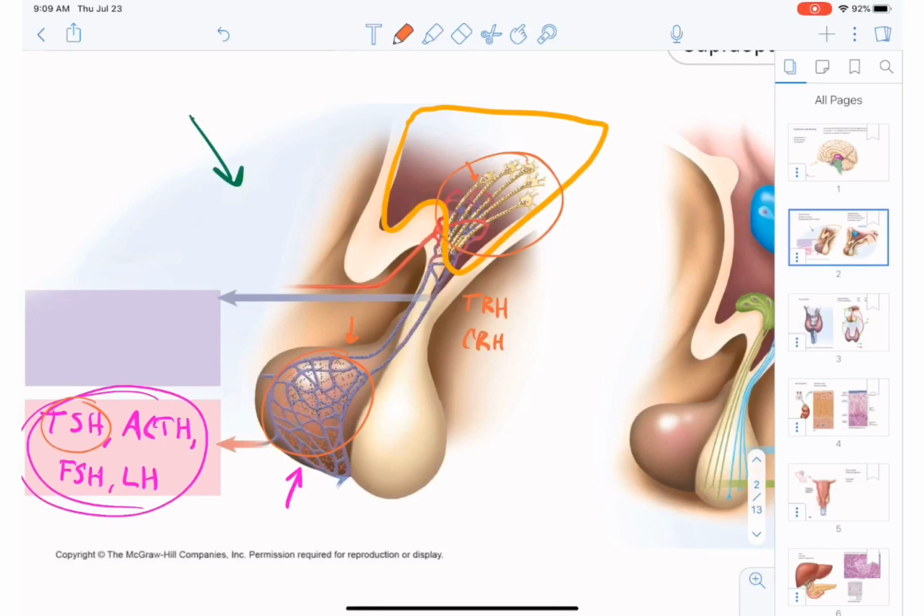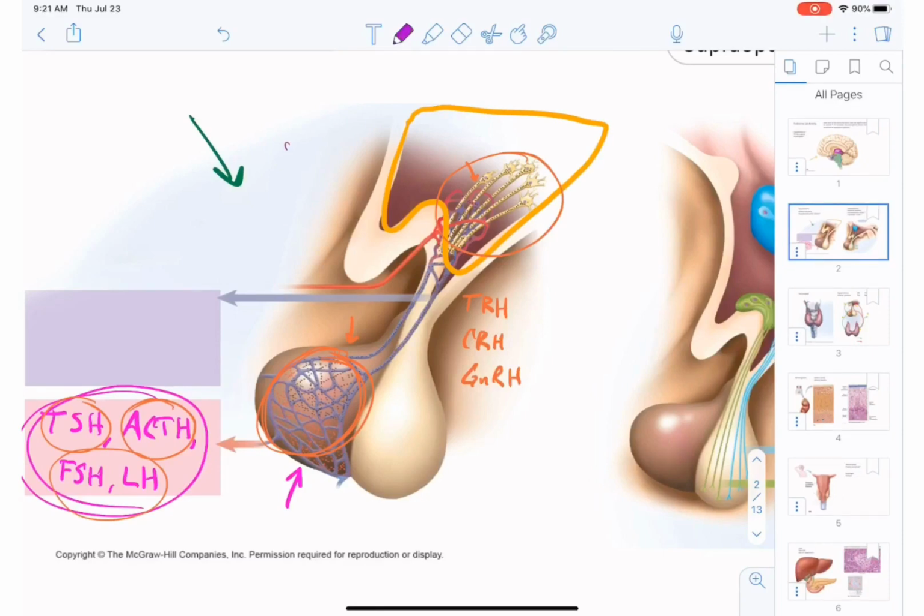CRH is going to travel down to the anterior pituitary and cause the release of ACTH. Or, to finish this off, these neurons might release GnRH, gonadotropin releasing hormone, which travels down to the anterior pituitary and causes the release of FSH and LH.